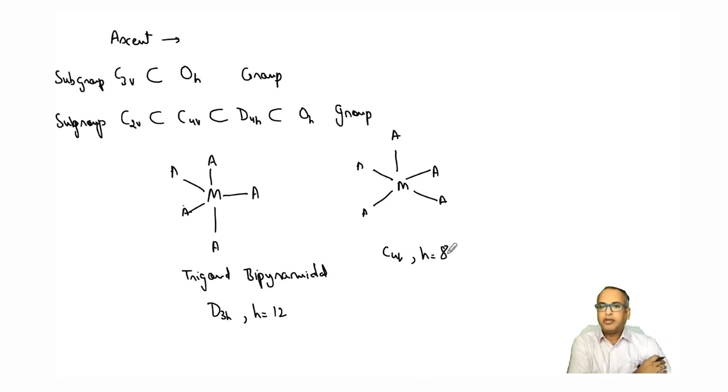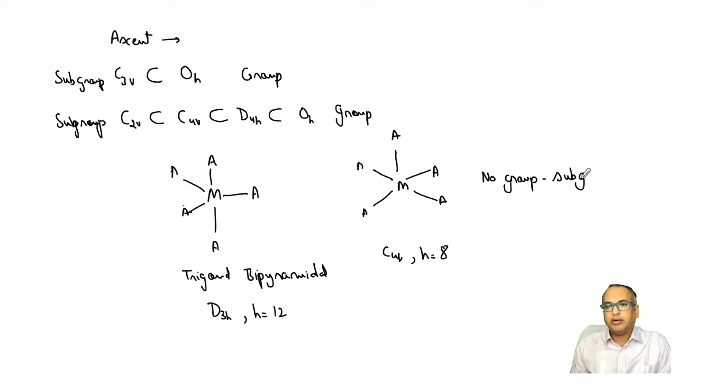Now in this case, you notice that 8 and 12 are not related as an integral divisor, so this is not a subgroup relation. So we can say there is no group subgroup relation observed here, because there is an overall change in the central metal atom geometry, right? So that is very, very important, that the basic geometry of the molecule has to be preserved if they have to follow group subgroup relation.